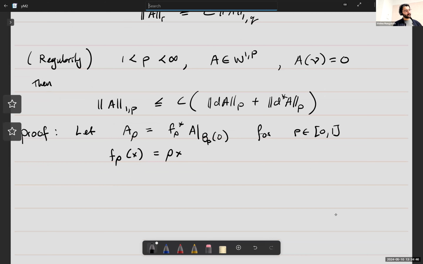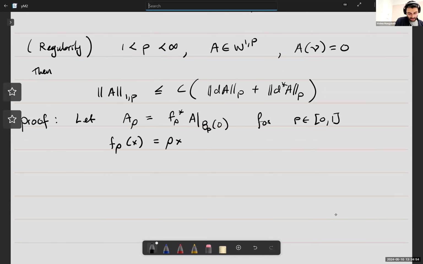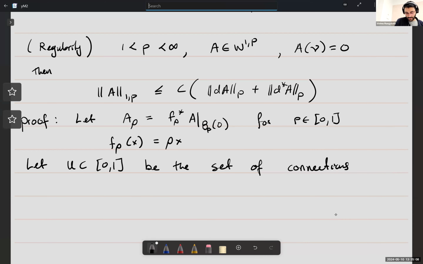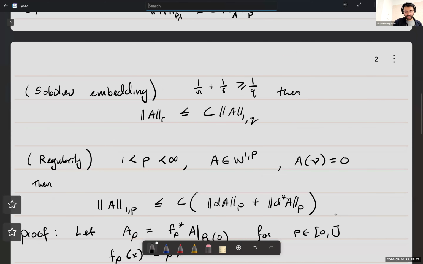So the argument is going to work like this. Let U in (0,1] be the set of rho such that A_rho is gauge equivalent to a connection, let's call it A_rho hat, satisfying (a) to (c), these three properties.